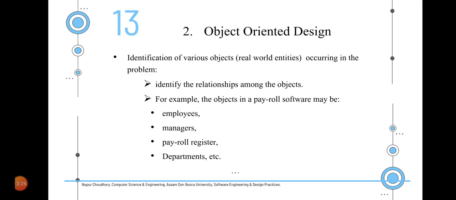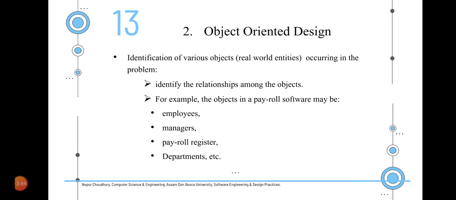Moving ahead to the object-oriented design of the design phase, the identification of various objects, that is real world entities, is done, and we identify the relationships among the different objects which will be a part of the system.